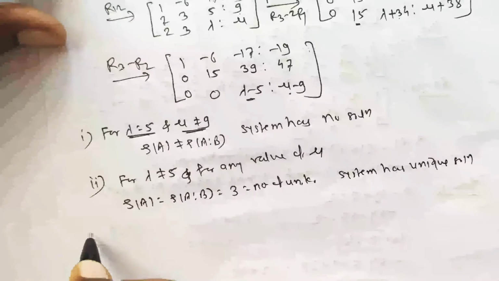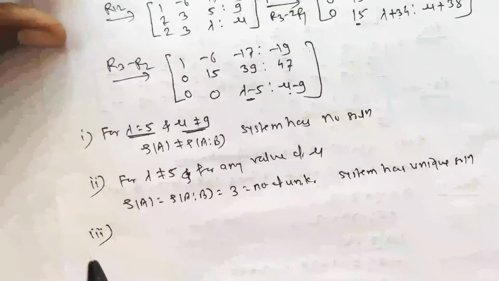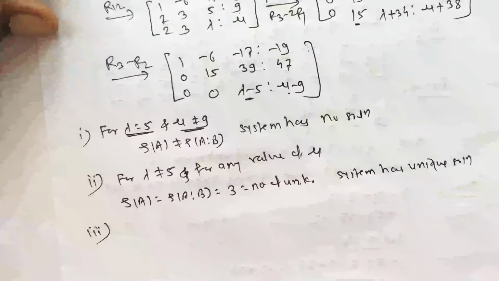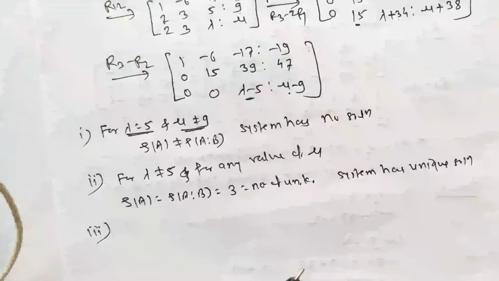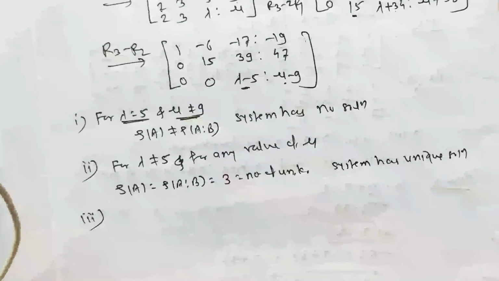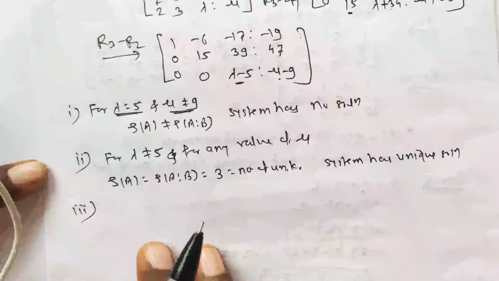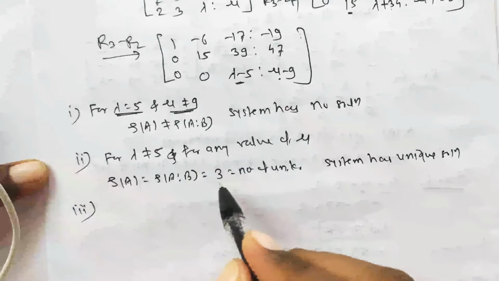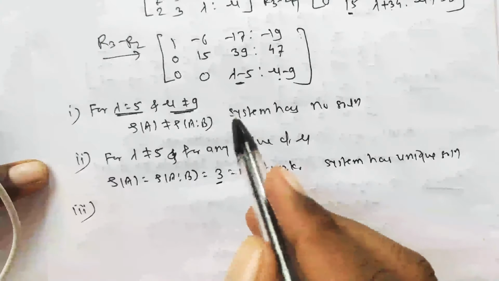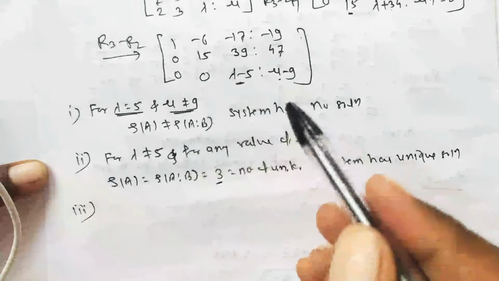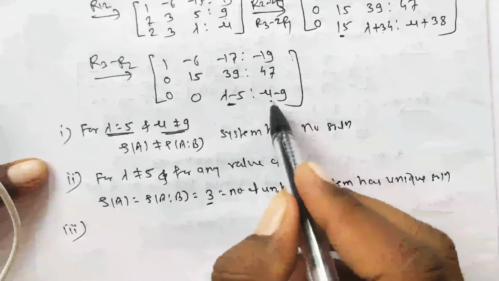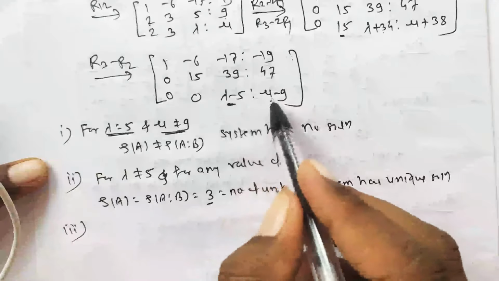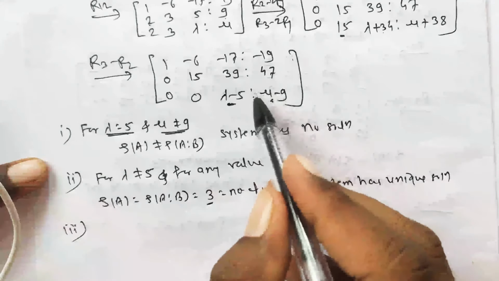And third, when we get an infinite number of solutions, for that we want rank of A equal to rank of AB less than the number of unknowns. The number of unknowns here is 3. So we want rank of A and rank of AB to be 2 or 1. So if you put lambda equal to 5, mu equal to 9, the last row becomes totally 0.